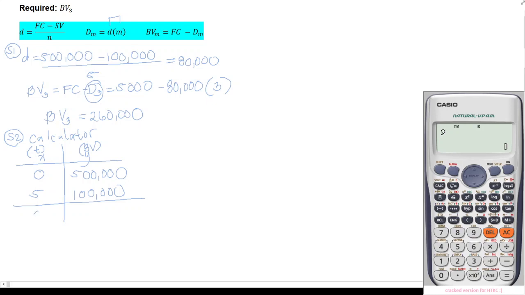So we type 3, then y hat, and the book value is already equal to that. Press equals, and we have 260,000 also. So that is the book value at the third year.